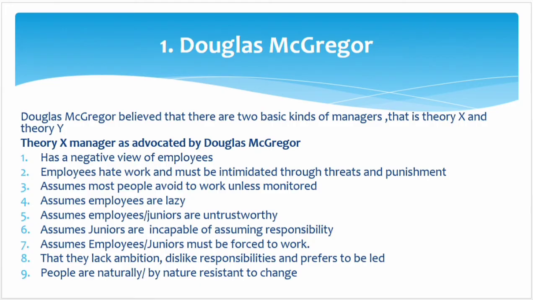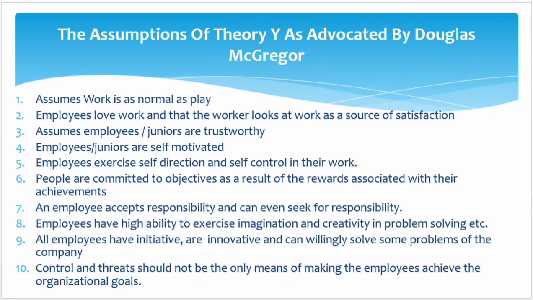Then we have number 2, which is theory Y. This person is now different, the opposite of theory X. Theory Y assumes that you love what you are doing, that you are trustworthy.